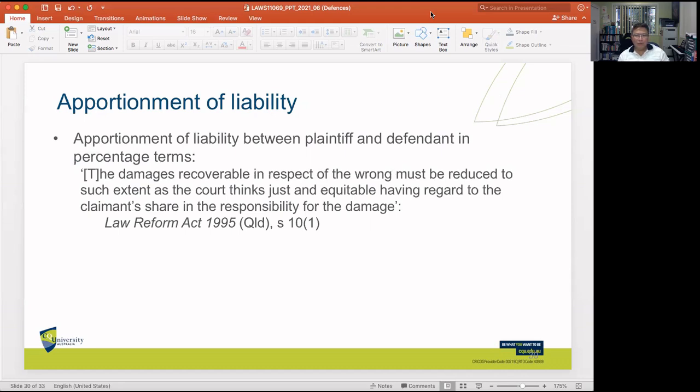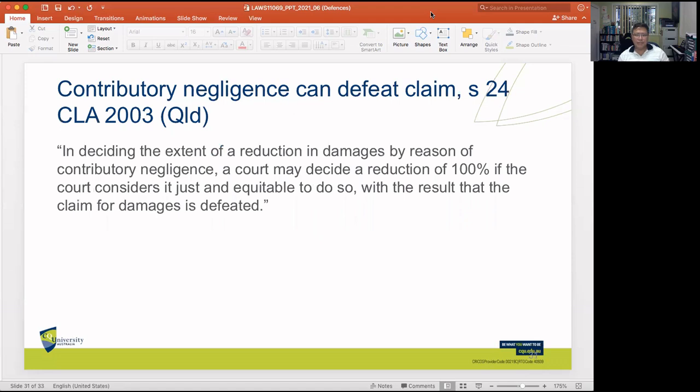Under the Law Reform Act of 1995, Queensland, Section 10, subsection 1, the damages recoverable in respect of the wrong must be reduced to such extent as the court thinks just and equitable, having regard to the claimant's share in the responsibility for the damage.